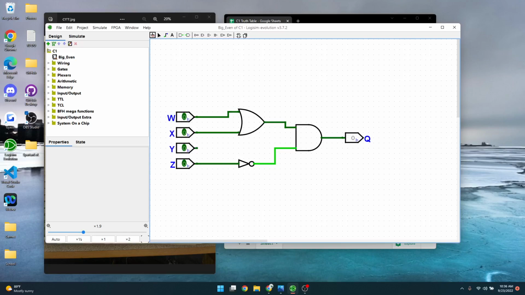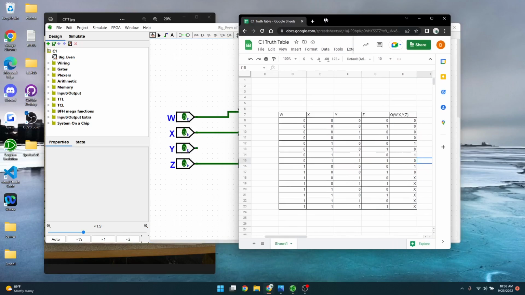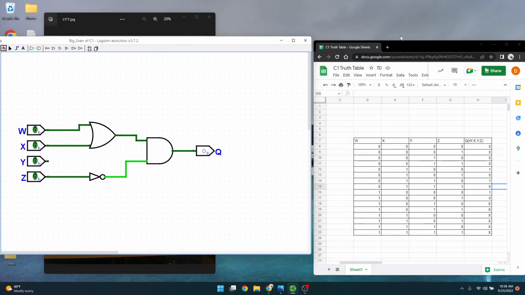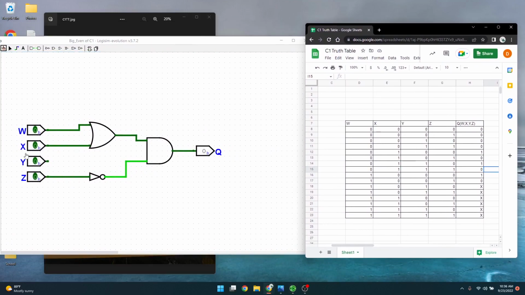So I'll test all of the binary inputs now. For all zeros, it outputs 0.